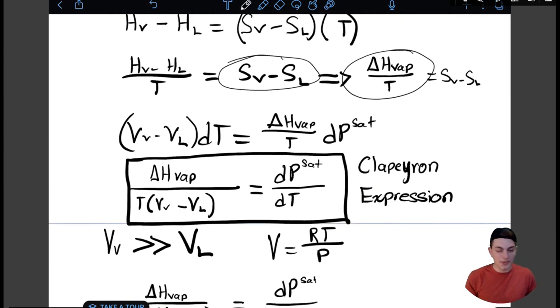What's interesting to note about the Clapeyron expression, I meant to mention this earlier, is that you actually have similar expressions for the solid-liquid phase equilibria as well as the solid-vapor phase equilibria.